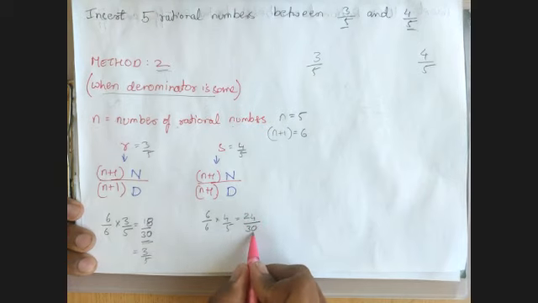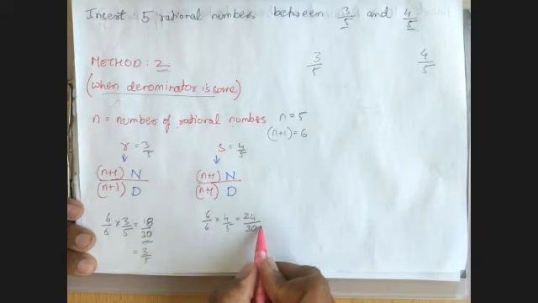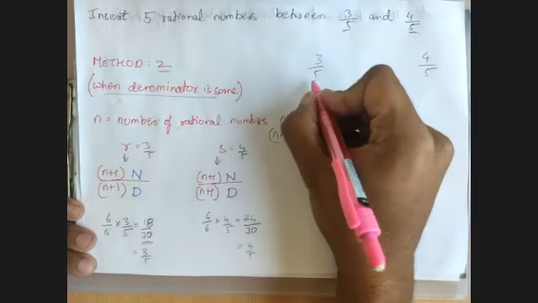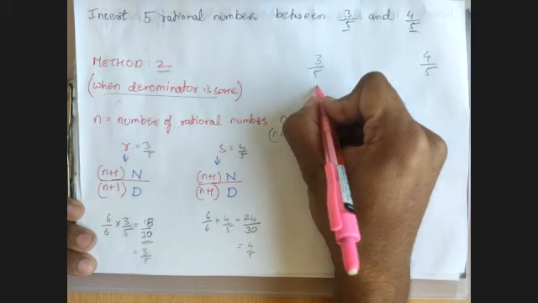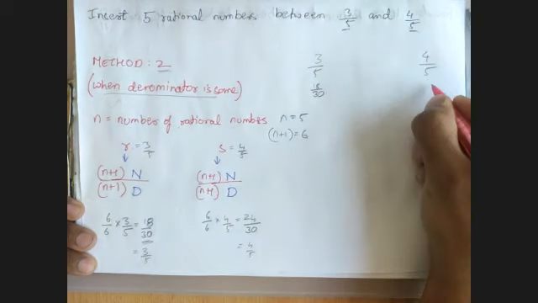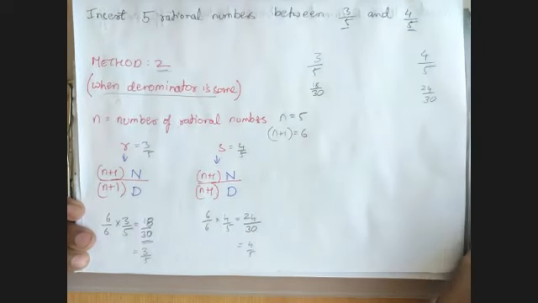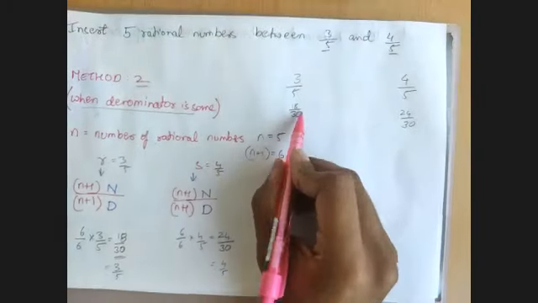That means it is not a coprime number. We have 6 as a common factor between them. So if I divide, I get 4 by 5. So 3 by 5 can be written as 18 by 30 and 4 by 5 can be written as 24 by 30.